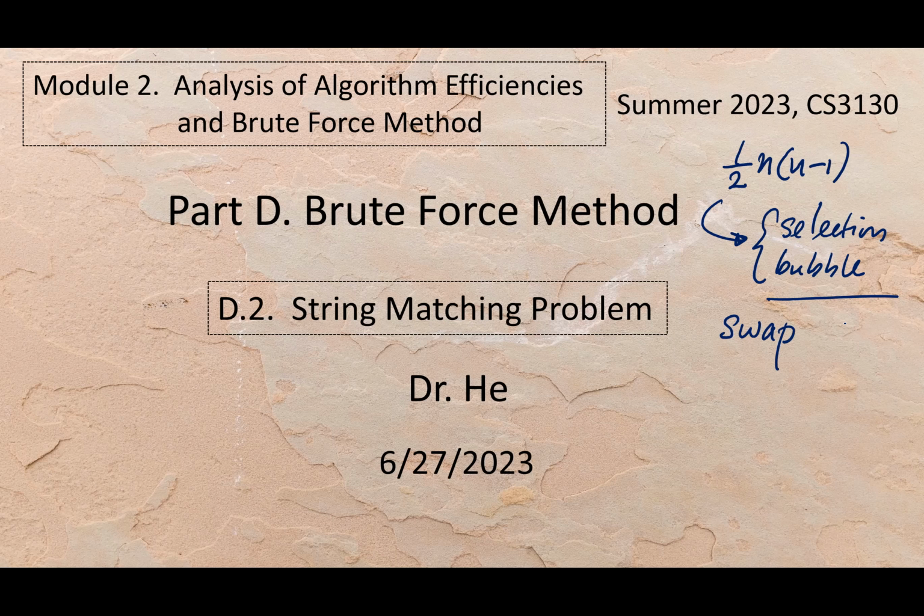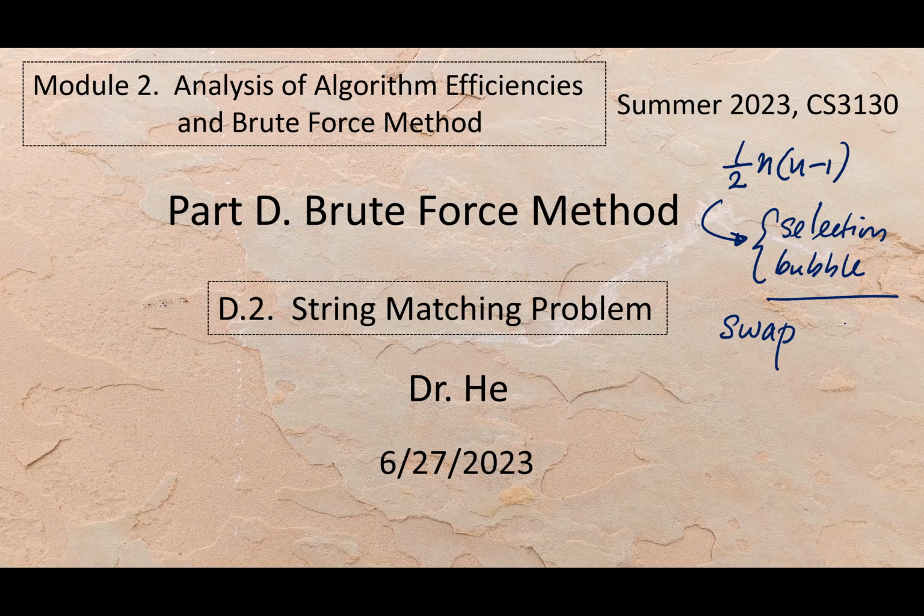In selection sort, we find the minimum. Every scan, you find the minimum of the current array, then you do one swap operation to put that minimum in place. Every scan, you only do one swap operation.